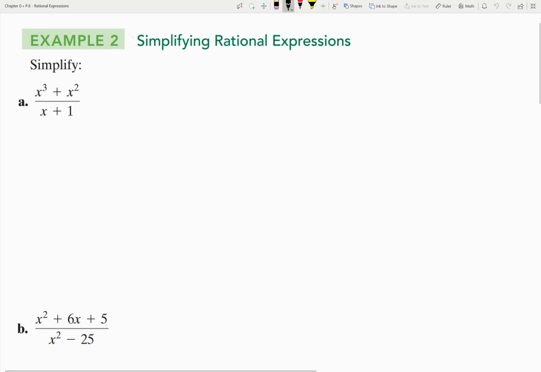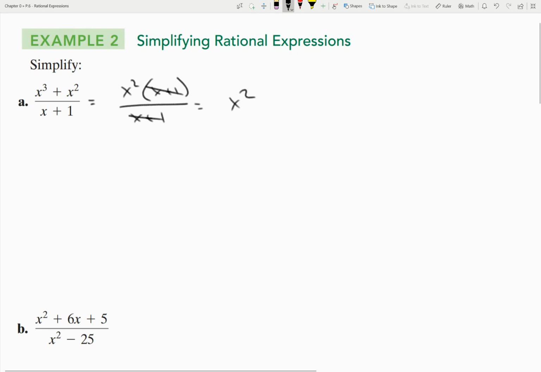When I'm looking at this expression and I want to simplify it, my first step is to factor it. I can factor out an x squared, a common factor. That leaves me x plus 1 over x plus 1. Then I can cancel these two out, and my answer is x squared.